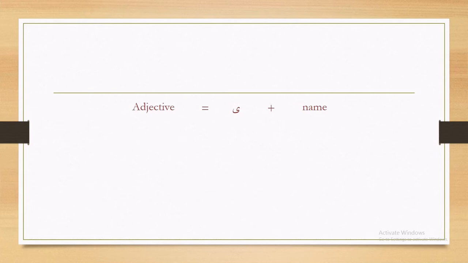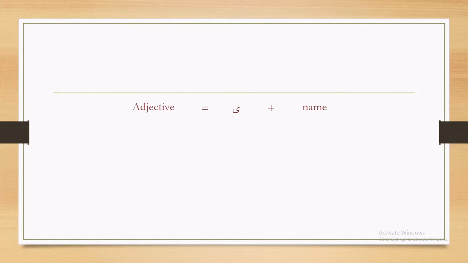When we add ye to a noun, we have an adjective that, if we place it after the noun, tells us this noun comes from where, or is made of what.